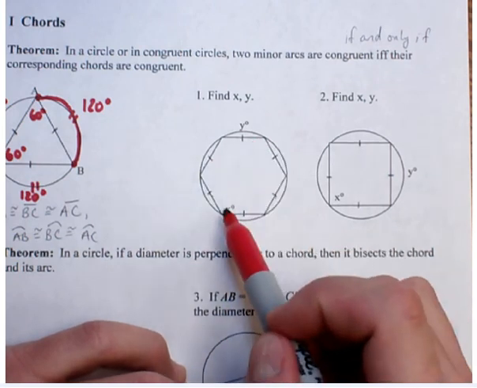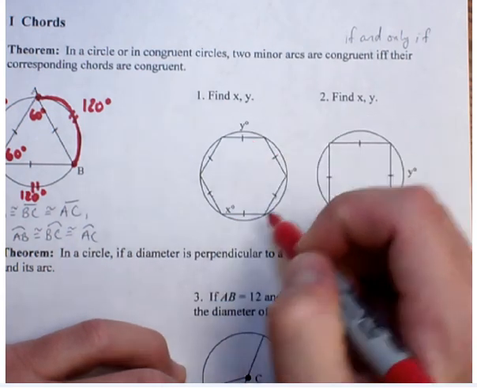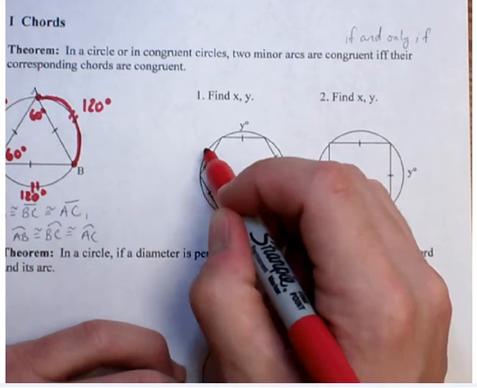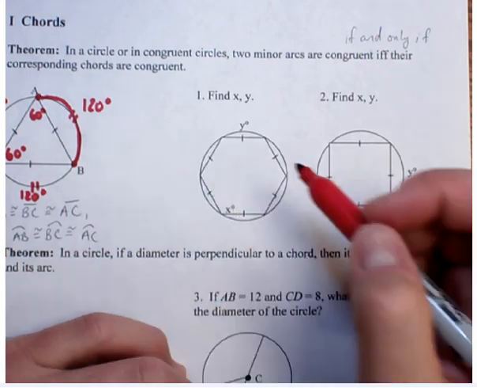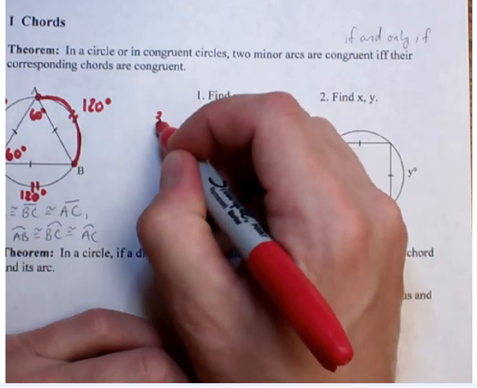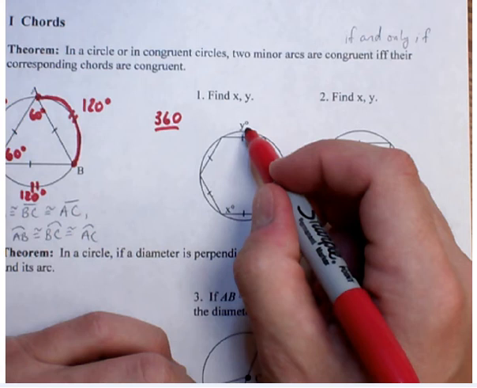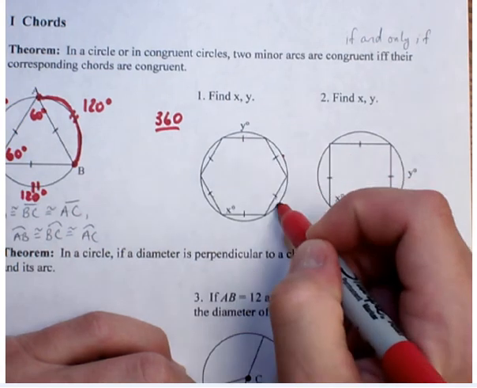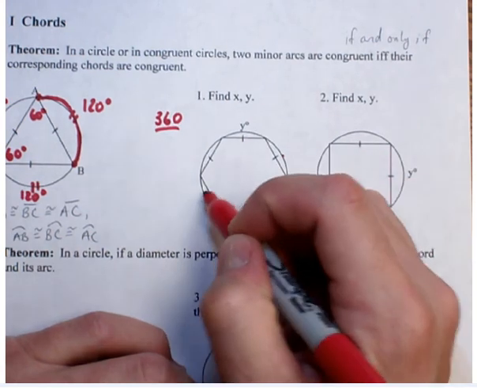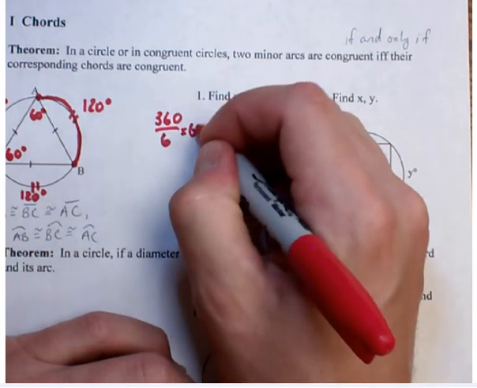All the chords are congruent, which means all of these arcs have to be congruent. Arc measure always adds up to 360. We have 6 arcs, so divide by 6 and you get 60 degrees.